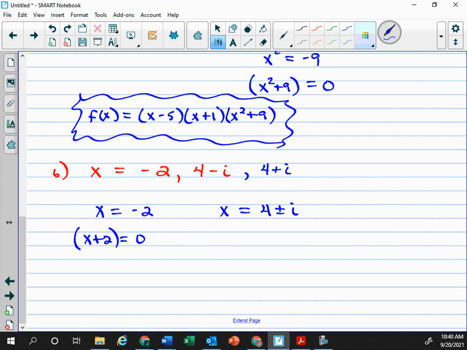I don't want to square it yet. I want to move the 4 over, so I have x minus 4 equals plus or minus i. And now I can square both sides of my equation.